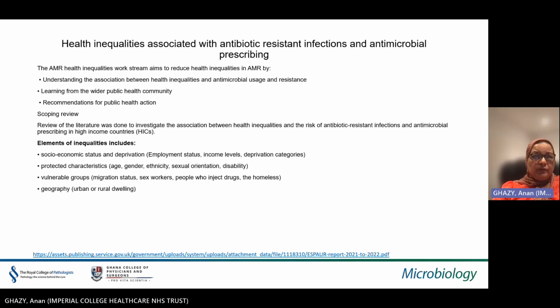And actually, it was found that there are elements of inequalities, which include socioeconomic status, protected characteristics like age, sex, ethnicity, etc. Look at the vulnerable groups, who are the people at high risk of developing infection, and the geography, which found that certain areas have a high rate of multi-drug-resistant organisms.